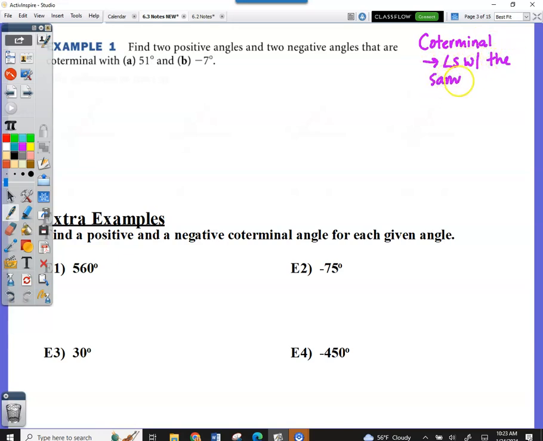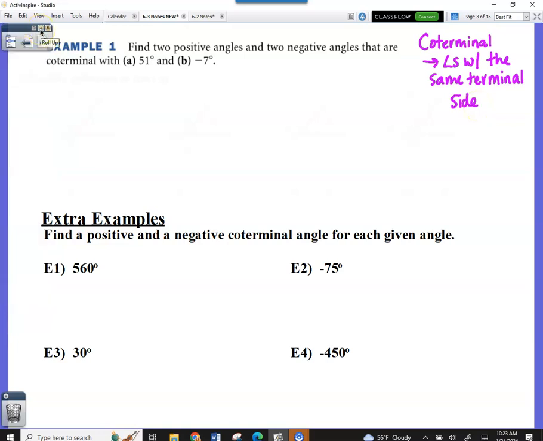You don't have to write this, it's on the other slide, but I'm just reminding you. So we are finding, with 51 degrees, two positive, two negative. If I want to find a positive angle that lands in the same spot as 51, what do you think I need to do with 51?